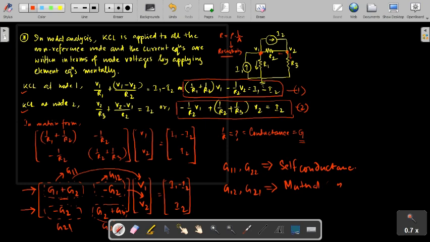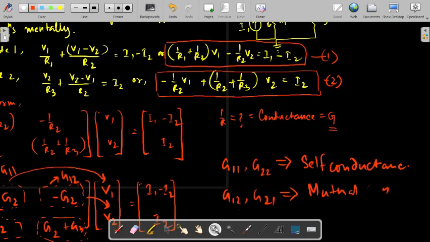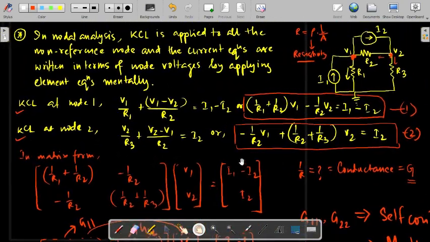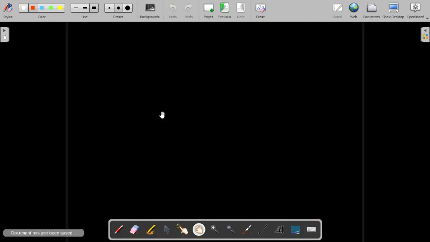So this is all about that. I am just telling you about the general procedure of applying nodal analysis to a particular circuit. Now I am going for a new thing: applying nodal analysis when there is a dependent source in the circuit.